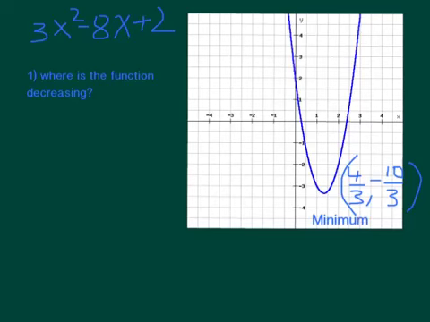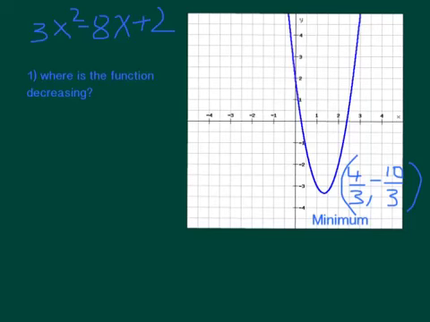So we're looking for where the function is decreasing, or where it is sloping down. You can see that it's sloping down anywhere from here all the way down to here. At this point where x equals 4 over 3, the function then starts increasing or going up.